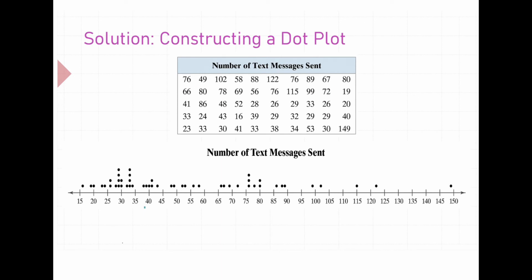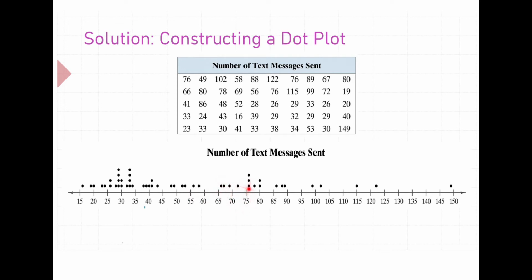Any repeating numbers, we just put them on top of each other. And so here we can look at the same data that we just analyzed, and we create our horizontal axis. Notice that each of these was 5 values away from each other, and we kept that consistent, which is what you want to do. Gaps are okay if there's no numbers within those gaps. We don't want to have them there. And we just put dots above the values as they appear. If they're in between, so we have a 66, 67, 68 type thing, we just kind of estimate where they're at.